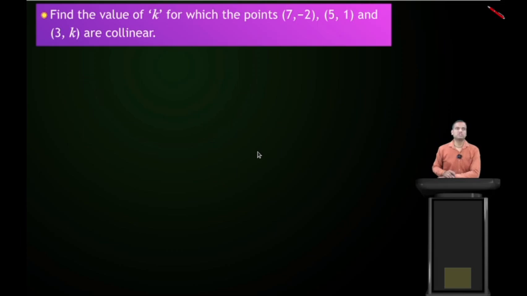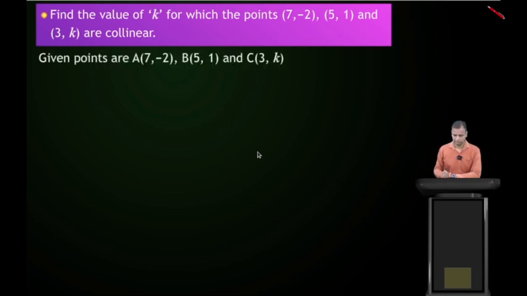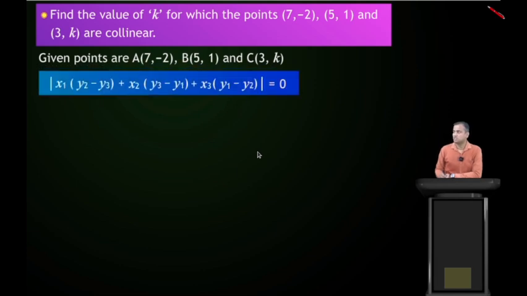Okay students, now next question, find the value of k for which the points 7 minus 2, 5 1 and 3 comma k are collinear. It is already given that the points are collinear, so obviously the area of this triangle is 0. So the given points are 7 minus 2, 5 1 and 3 k. So this is x1 y2 minus y3, x2 y3 minus y1 plus x3 y1 minus y2.